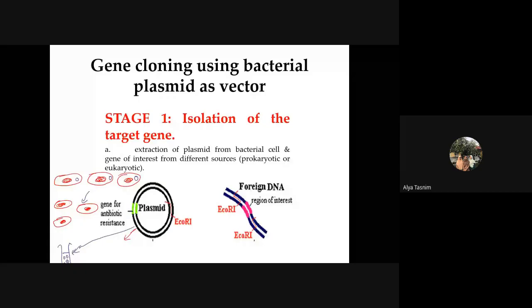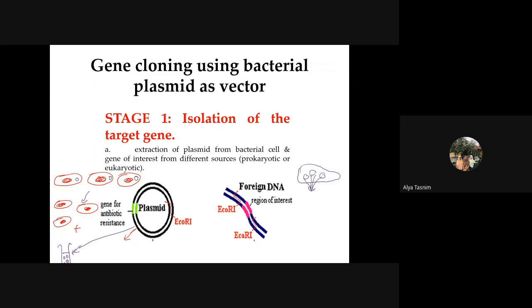Macam tu. Alright. So the foreign DNA, you have to extract out the foreign DNA from an organism. So contohnya, you want the gene that can produce insulin. So awak extract out the DNA from pancreatic cell, for example. Okay, so pancreatic cell, you extract out the DNA from pancreatic cell.